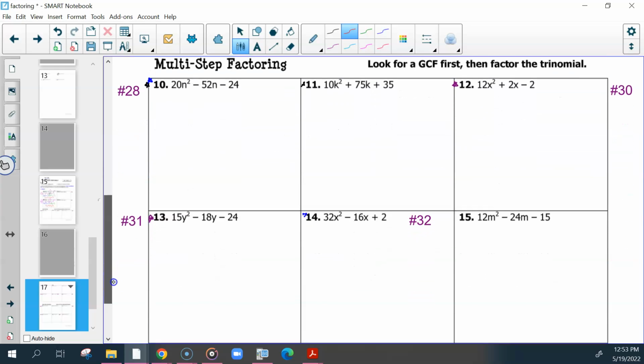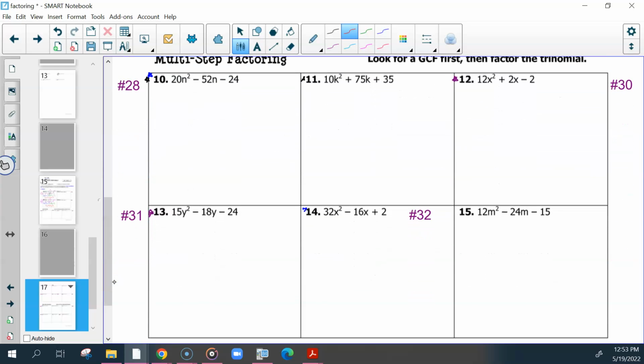We're going to do number 12. So for number 12, does this have a GCF? Yes.